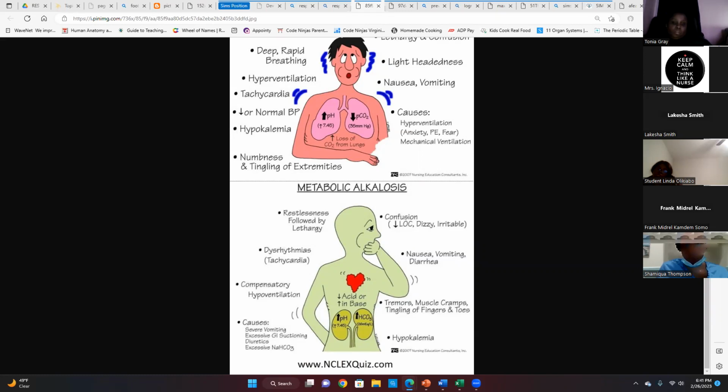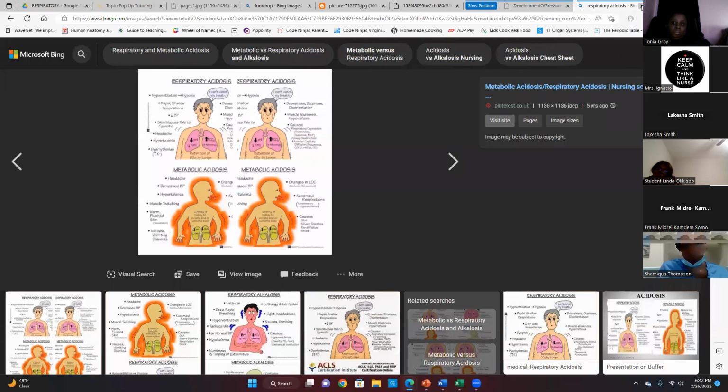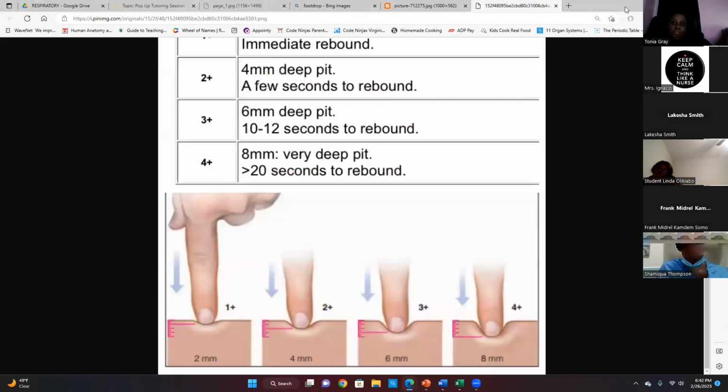How do I know my patient has strep throat? Swollen tonsils. Okay, yes, Crystal. So there may be some edema, some redness when we look at the back of their throat. Very good. What else might they have?